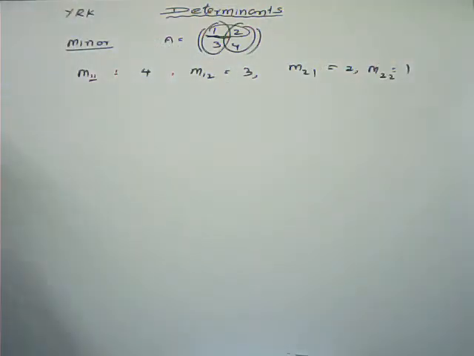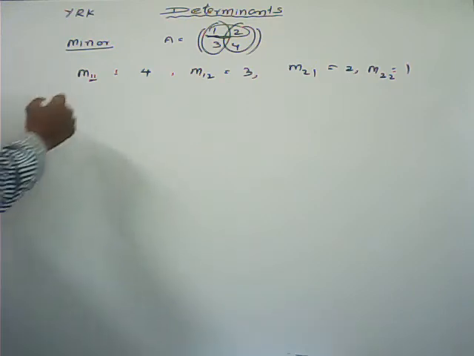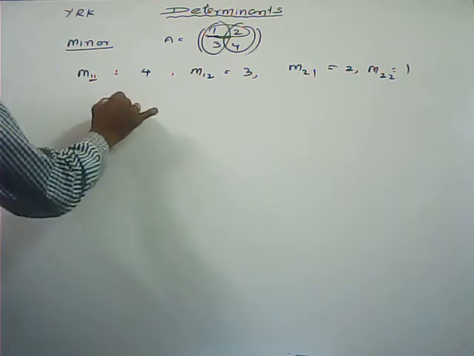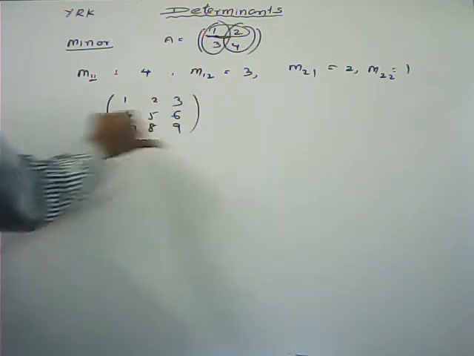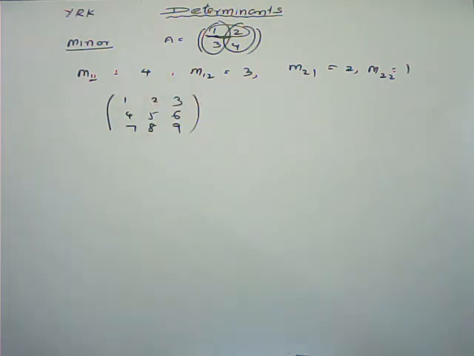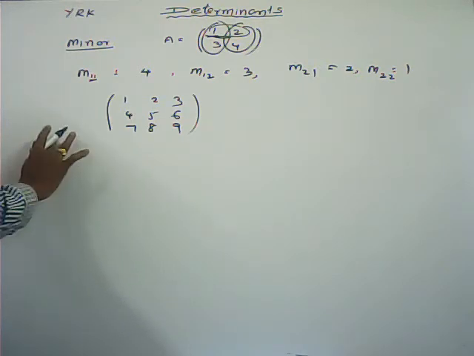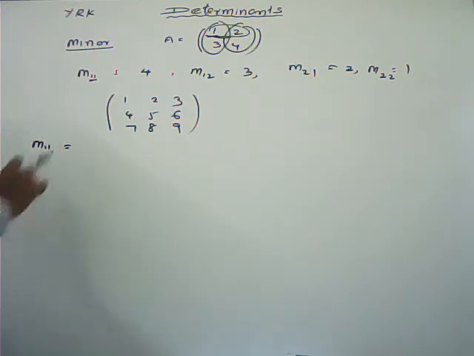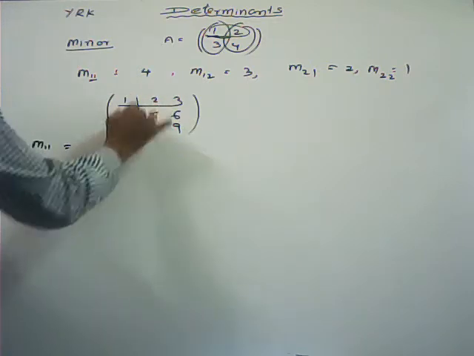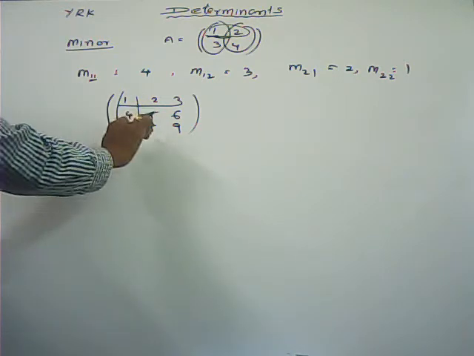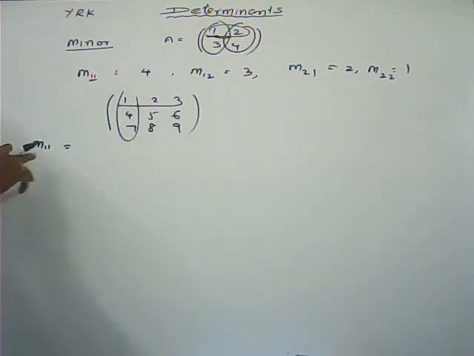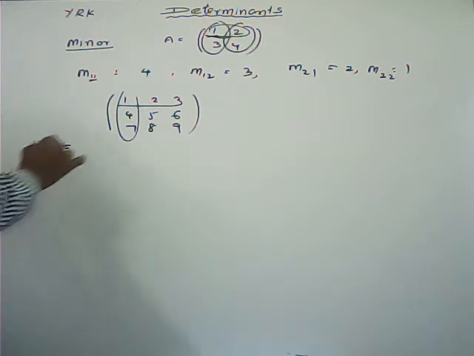These are the minors; the same applies for 3 by 3. For example, here 1, 2, 3, 4, 5, 6, 7, 8, 9. What is the minor of the first row first column element? I remove the first row and first column, and then we get 5, 6, 8, 9. The minor is the determinant of the square matrix obtained by eliminating the first row and first column elements.